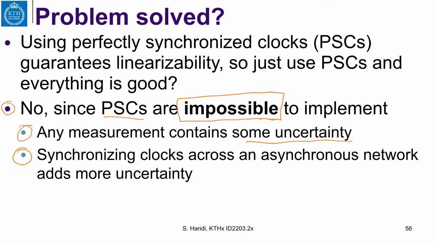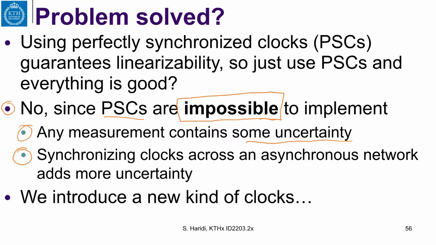We still can do something, and for that we will introduce a new kind of clocks. The idea is what you've just seen, which we call delta synchronized, that clocks are somehow synchronized within a bound. So there is a maximum error bound on how the clocks can diverge from each other. And these we are going to call interval clocks and discuss in the next unit.